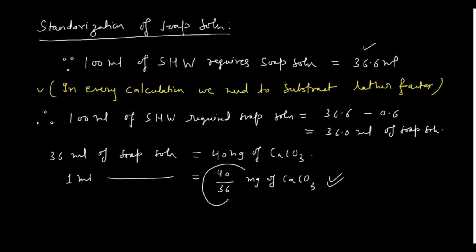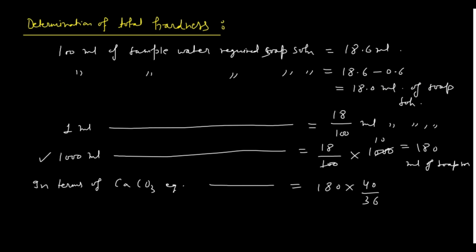40 by 36. Once you do that, your result will automatically be in milligrams of calcium carbonate. If you solve this factor, 9 4s are 36 and 9 2s are 18, 20 times.